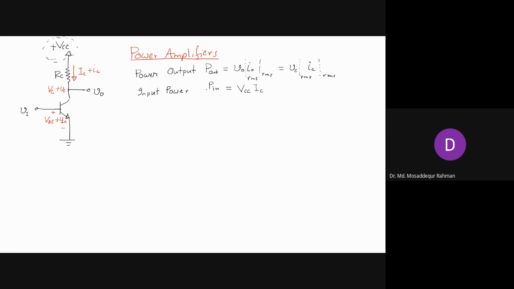So now let's calculate the output power in terms of the input power. How much can we have? We have shown you these diagrams before, the diagrams of the voltage and current for the amplifier.